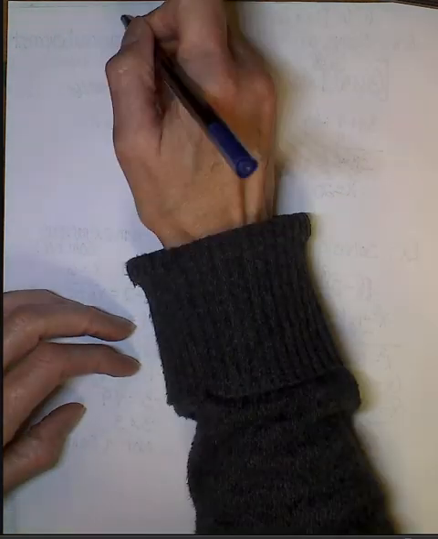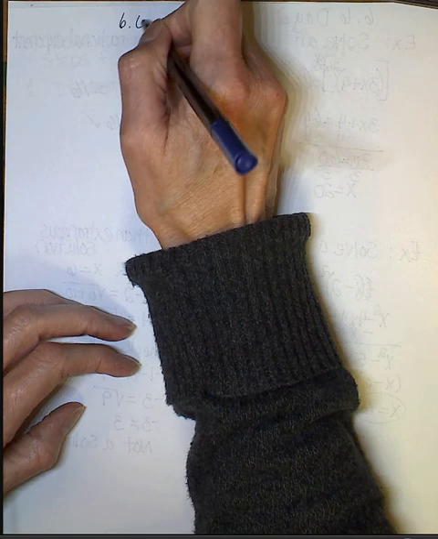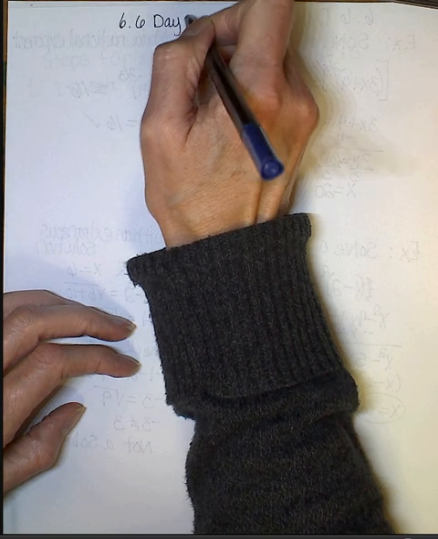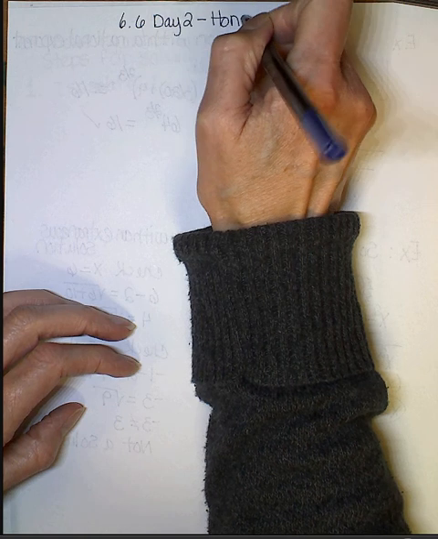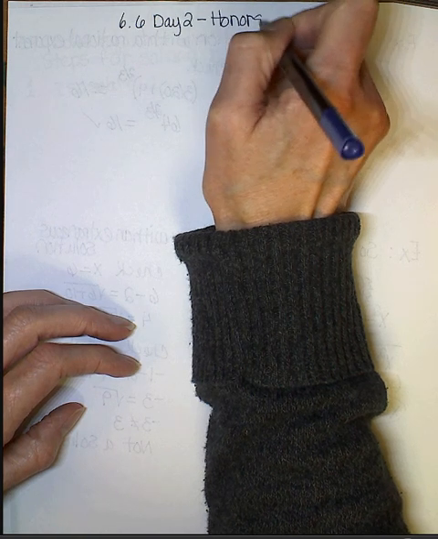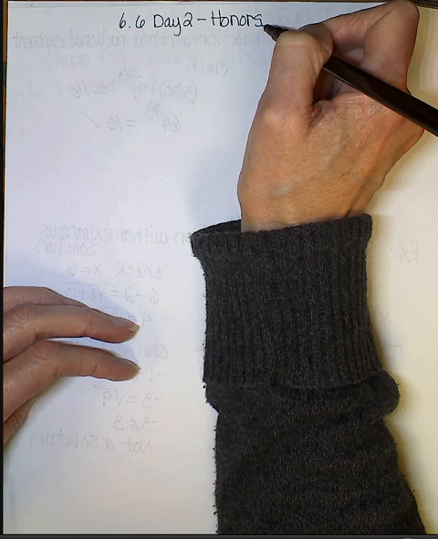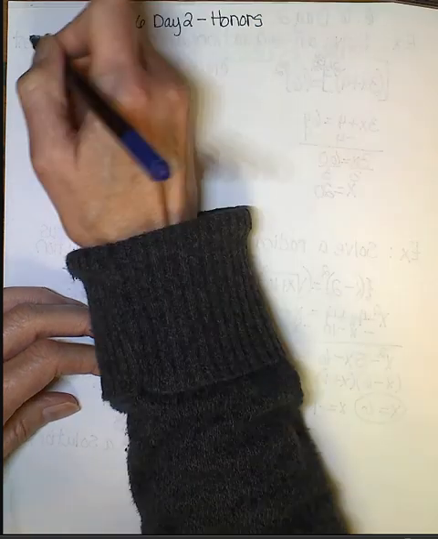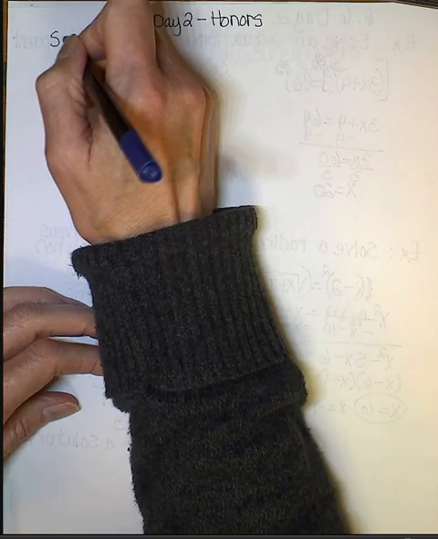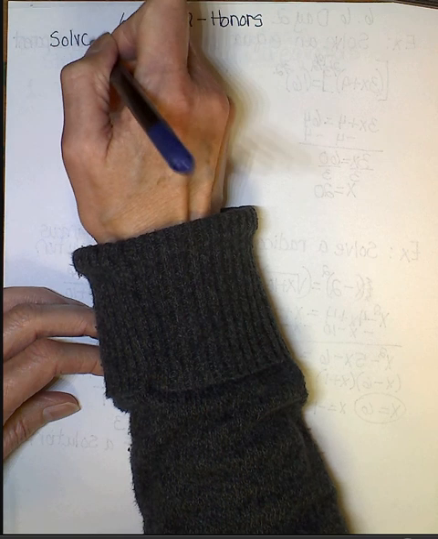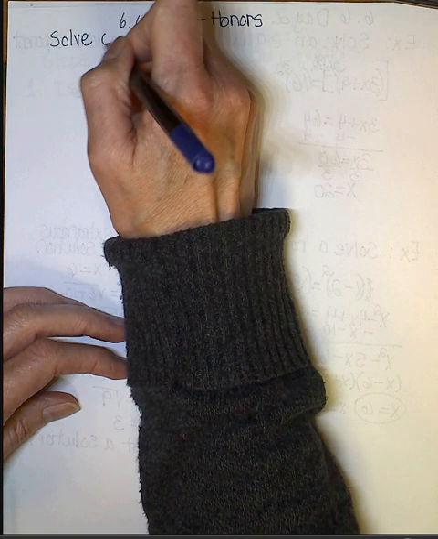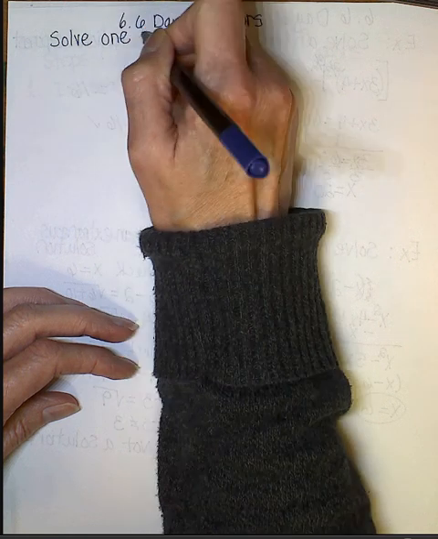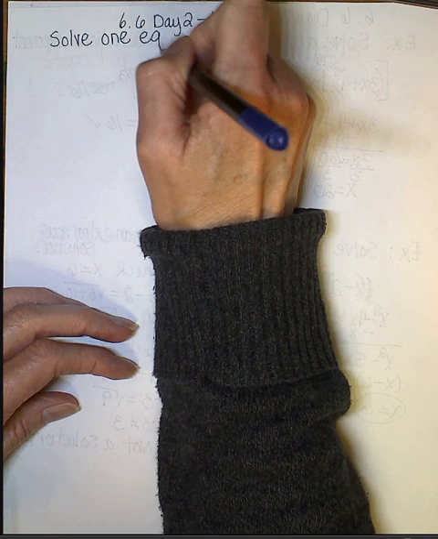This is 6.6 day 2, but there's another example that I need to do with the honors algebra 2. We do problems like this in college algebra, and so what we need to do today is solve a radical equation, or solve one equation with two radicals.